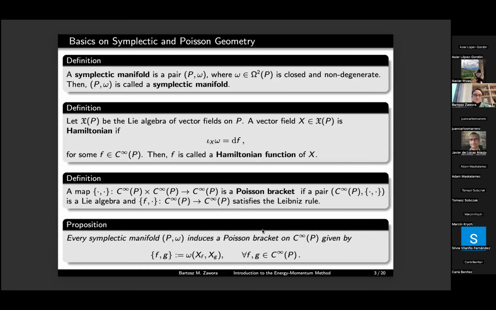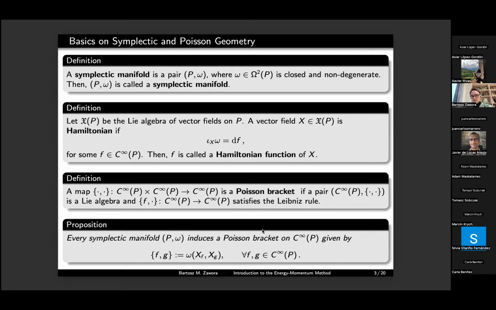So the first definition, since the classical energy momentum method is defined on a symplectic manifold. A symplectic manifold is a pair (P, omega), where omega is a differential two-form that is closed and non-degenerate. And then I will call the pair (P, omega) a symplectic manifold.